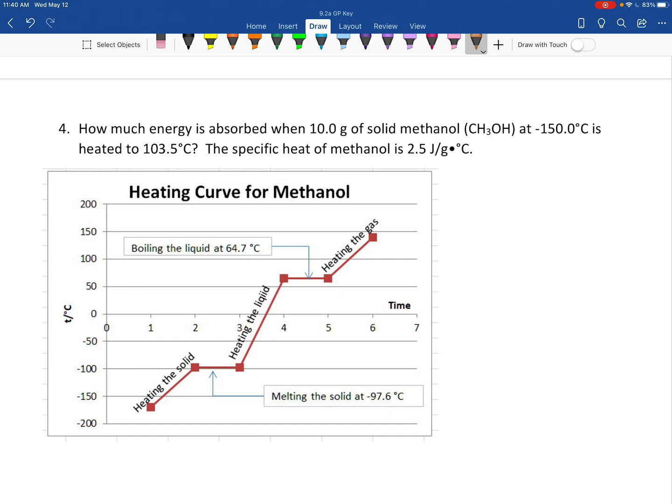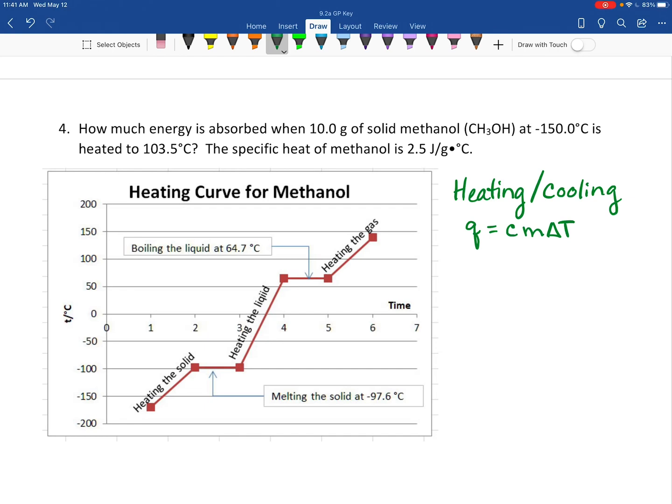So we probably need to know a little bit more. When we are heating any sort of substance, or if we are cooling the substance down, it would just be the opposite direction. Heating or cooling the substances, what we're going to use is Q equals Cm delta T to find out how much heat.